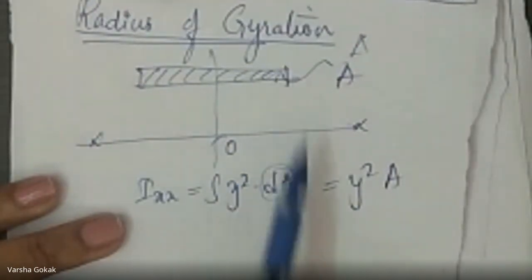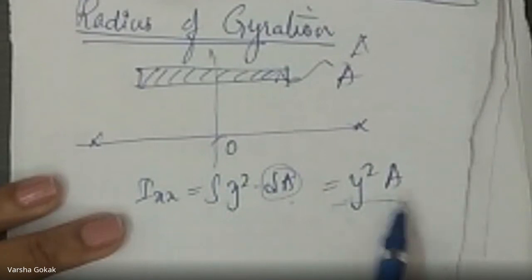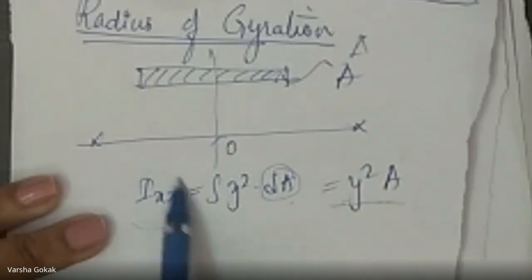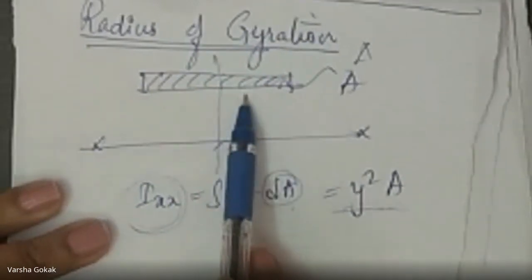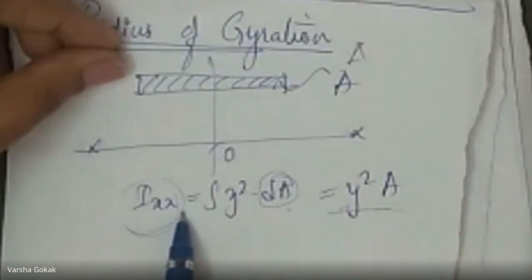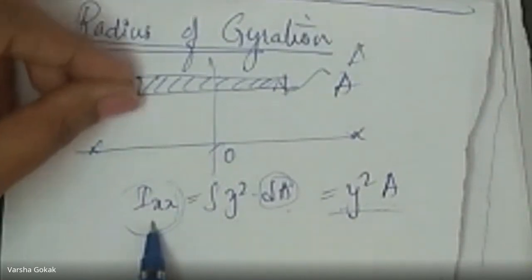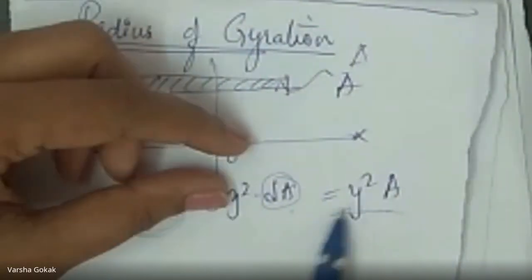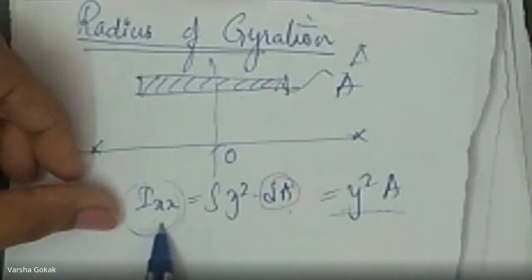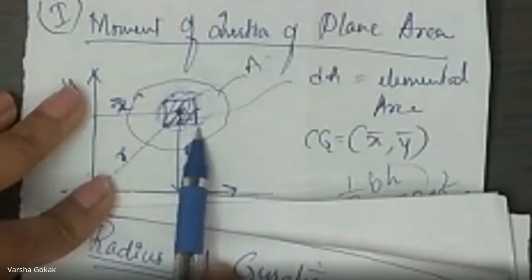If I know the area, it will be y square into A, right? So Ixx is y square into A. Now I have to get the same moment of inertia in this case also. So to get the same moment of inertia, I have to position this, right? So I have to get the exact y at which the moment of inertia will be the same value as that of this figure, correct?